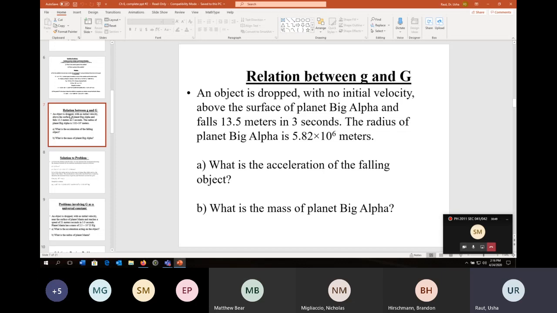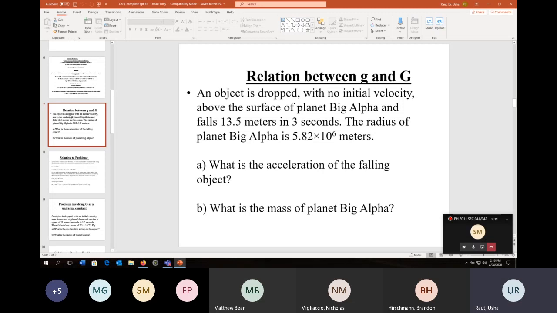Y equal to y0. Now you may say, oh, I don't know y0 and so on. It just means the displacement, y minus y0. You can just take y to be 0 or whatever. For example, you can choose the ground to be the 0, just below the launch point. Then the final y is 13.5 and the y0 is 0. And then you know t, and you know v0 because it's dropped.